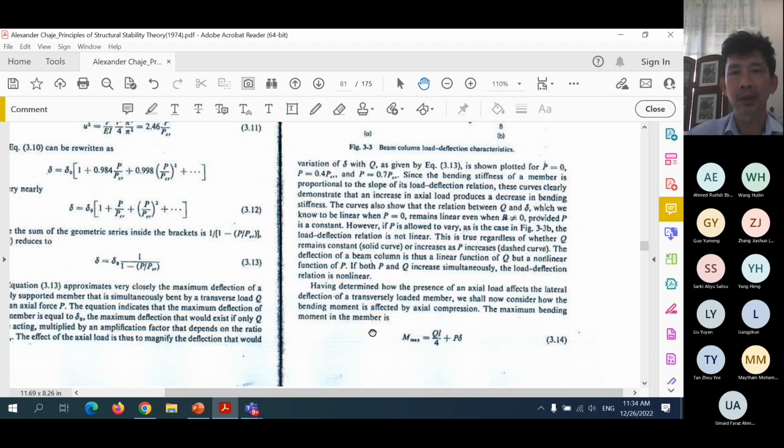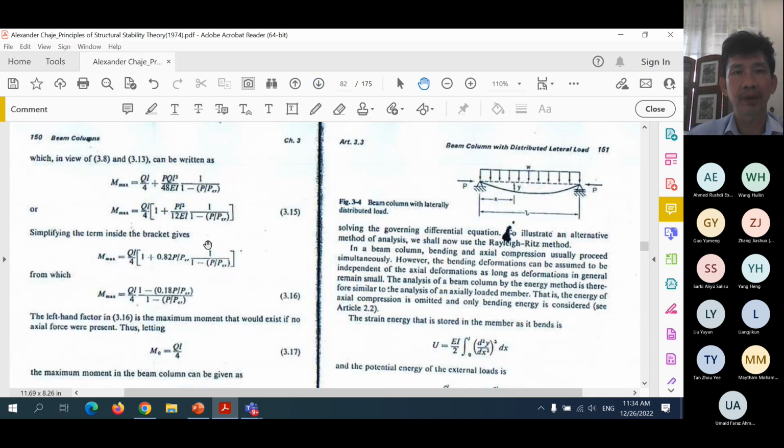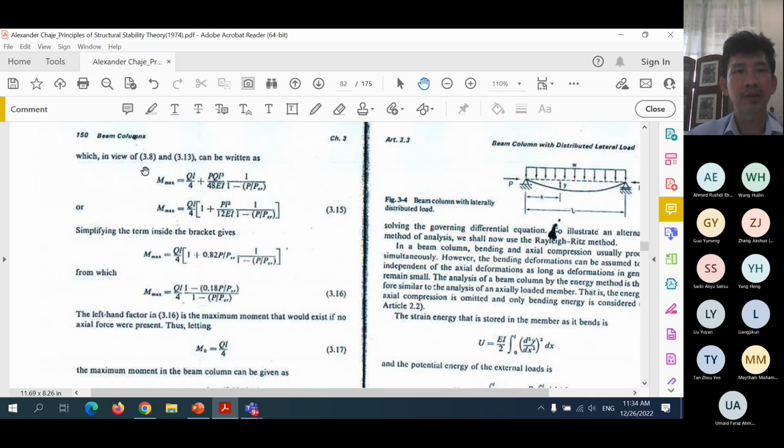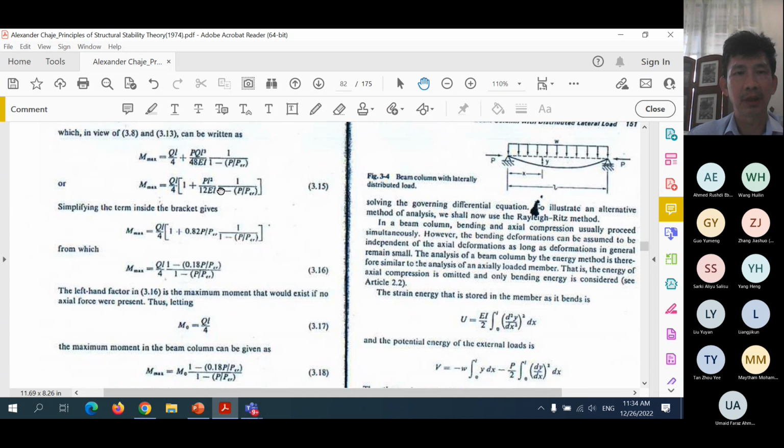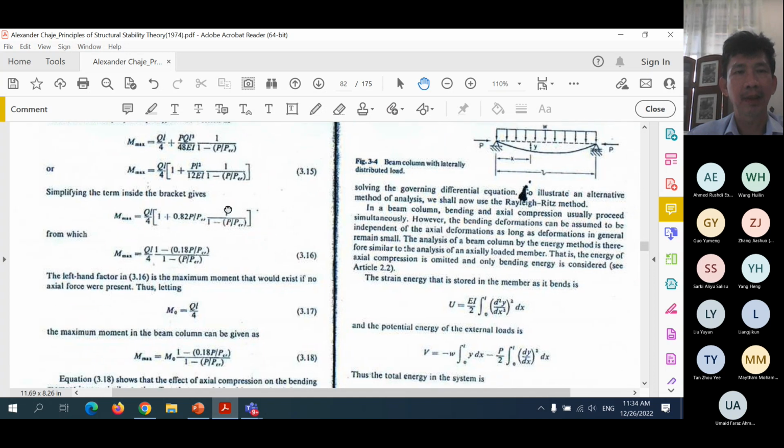Now, if we go further from here, just substitute the delta from equation 3.13, which is this. Then we simplify it to this first, and further we get to this. So QL over 4 multiplied with this.